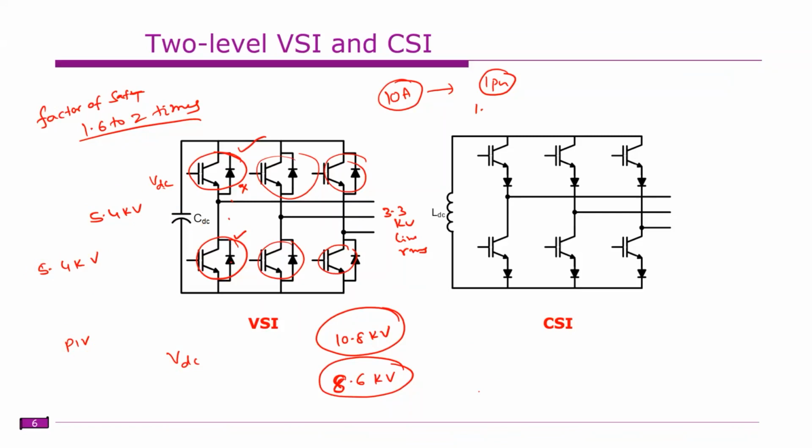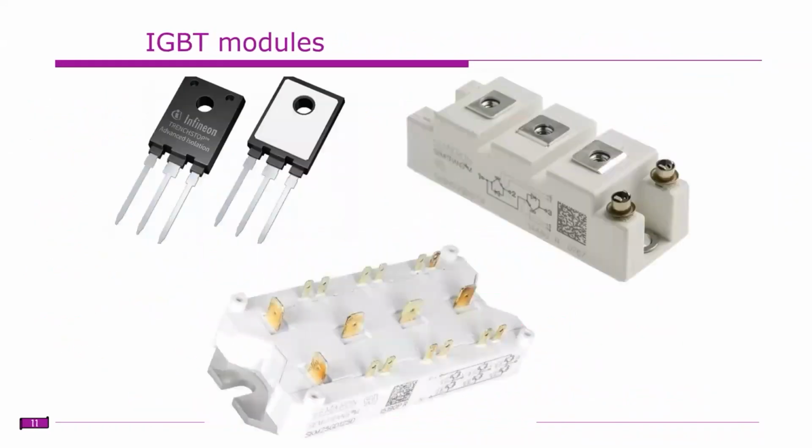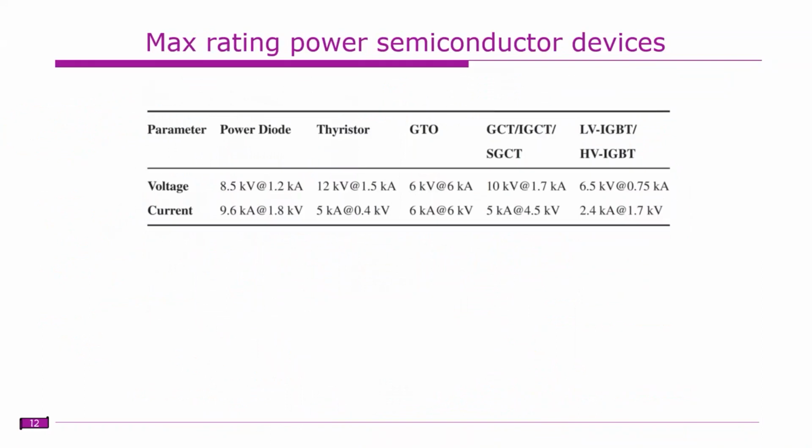So what is the current status of the different power semiconductor devices? We have power diodes, thyristors, GTOs, IGCTs, and IGBTs. Generally, devices are fabricated with two things in mind: one is to increase the voltage rating of the device, and the other is to increase the current handling of the device.